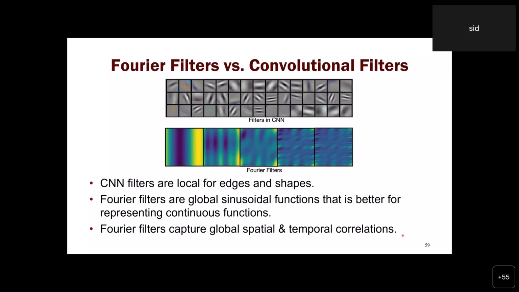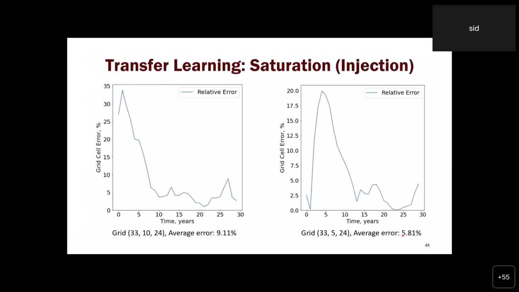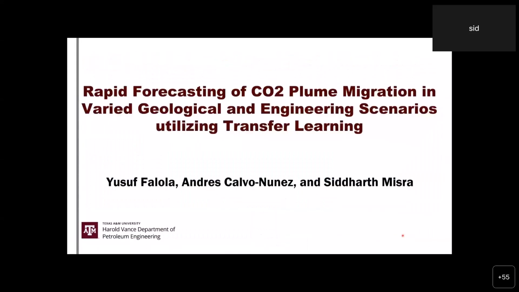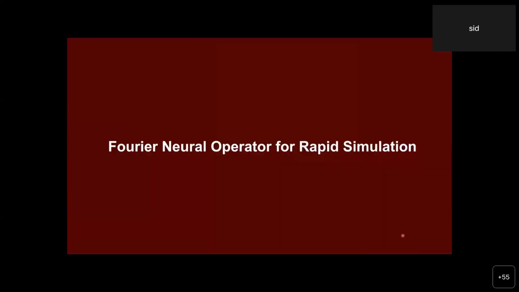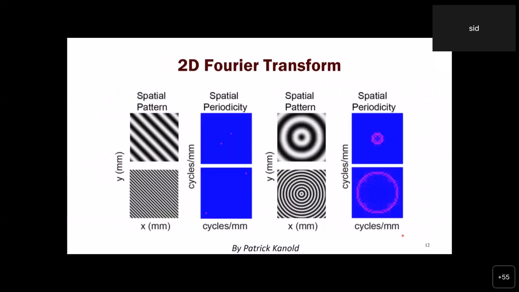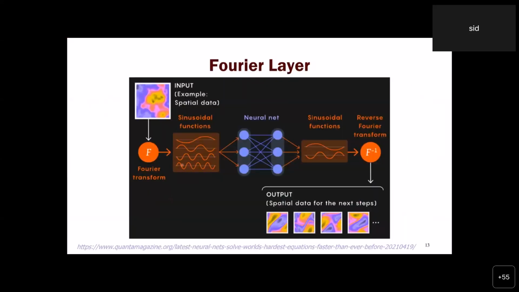Answering that second part a little better: we didn't develop the Fourier neural operator. The method was developed in 2020. I have cited it in one of my slides, and I can give you the reference further. That particular approach is based on the hypothesis that any input can be expressed as a sinusoidal planar wave.